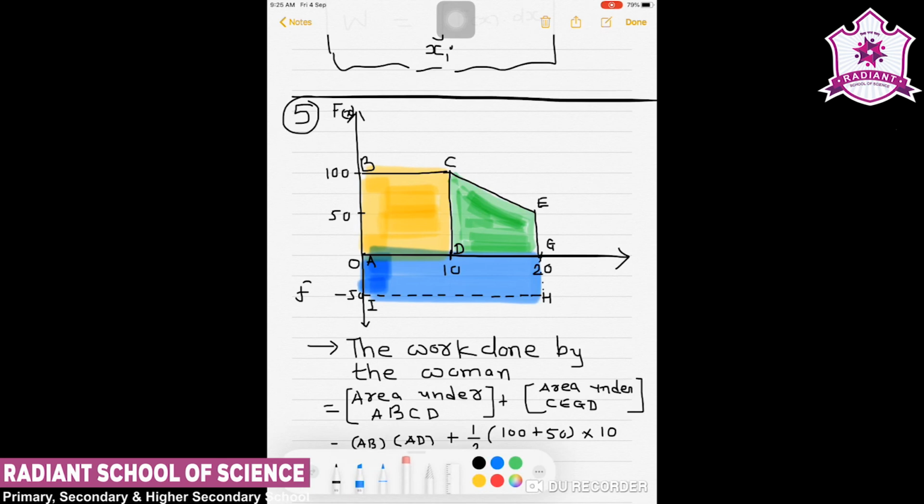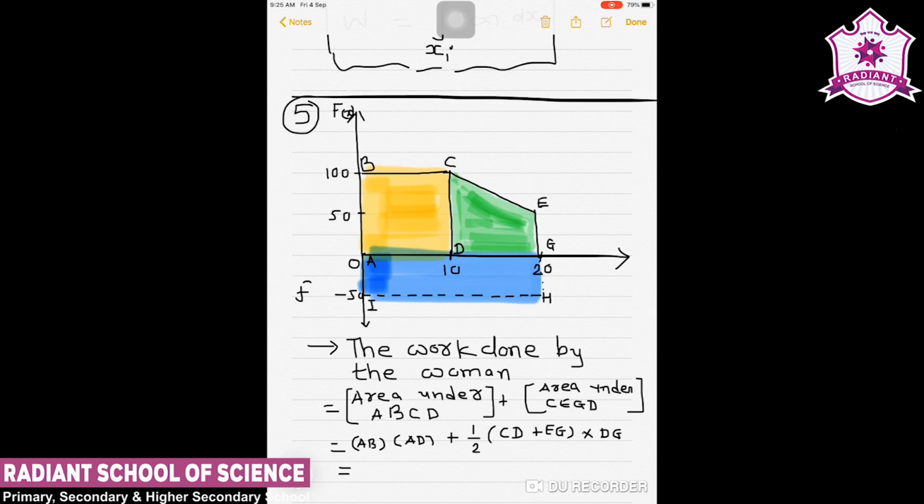Sorry, I should write the formula first: CD plus EG into the portion DG.